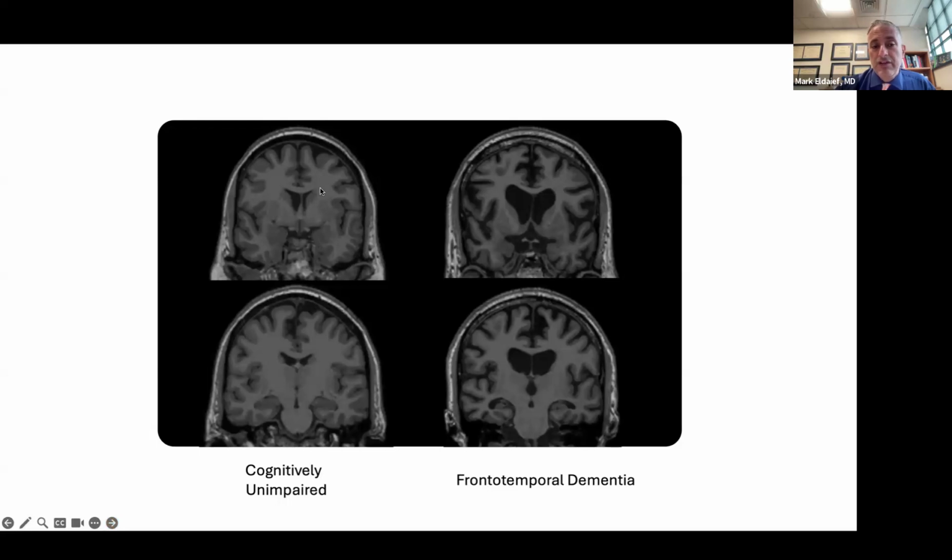Here you see on the left that all of these areas of the brain, which we call gyri, are nicely packed together. There's not a lot of space in between them. But over here on the right, hopefully you can appreciate that there's a lot more space, represented as this black space.